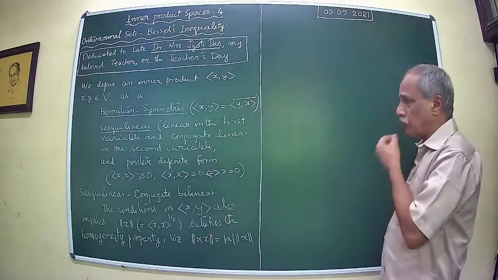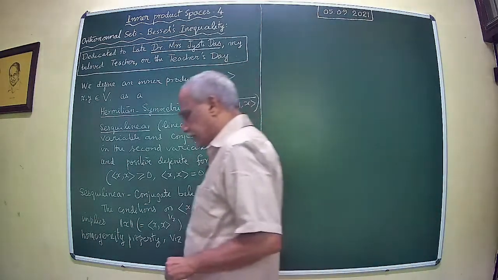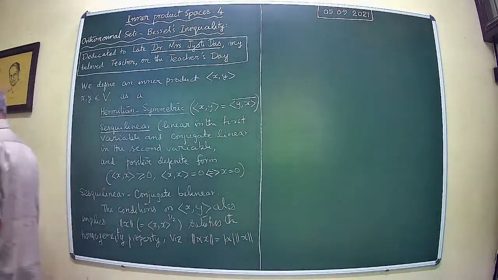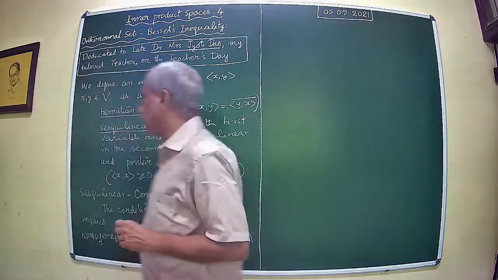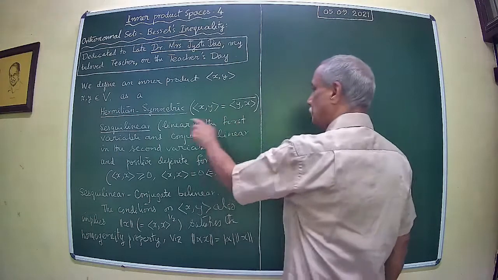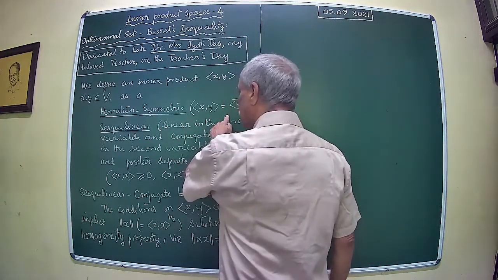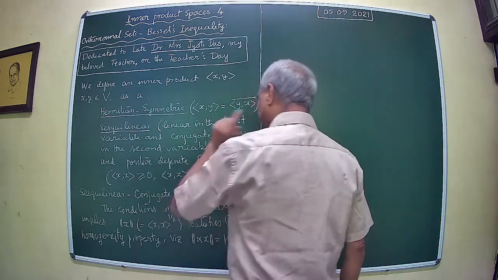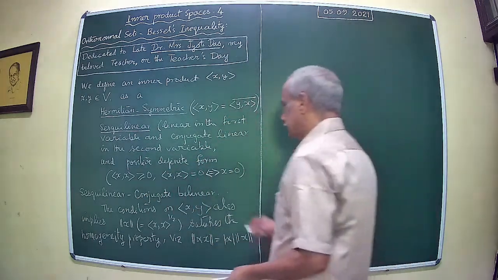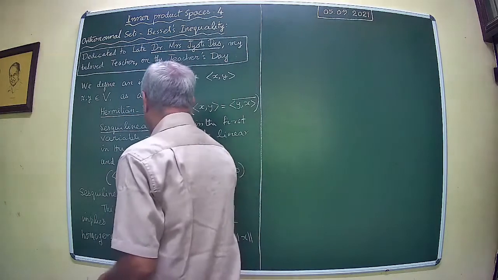Now, if the associated field is R, then of course you call this simply symmetric. This is symmetric, this is bilinear, and it is positive definite form. So this is the word you have, positive definite form.